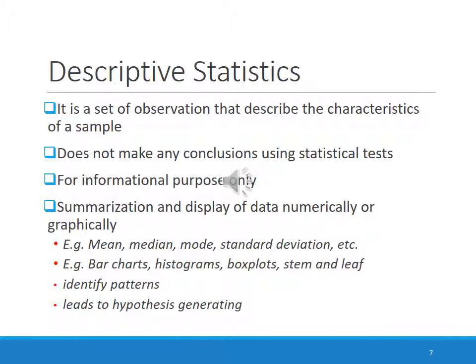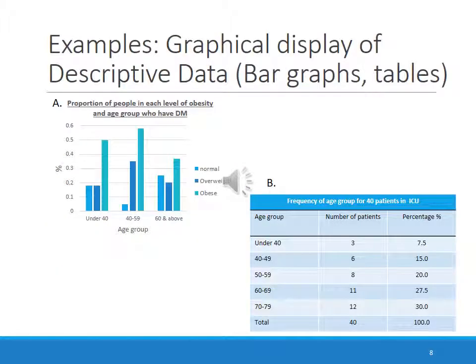For example, we can use mean, median, mode, standard deviation, etc., or even diagrams such as bar charts, histograms, box plots, stem and leaf plots to visualize the distribution of data, identifying the patterns which can eventually lead us to hypothesis generating.